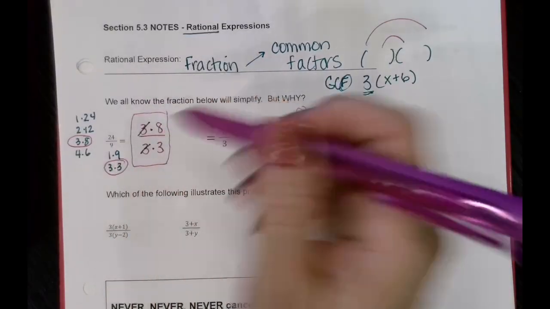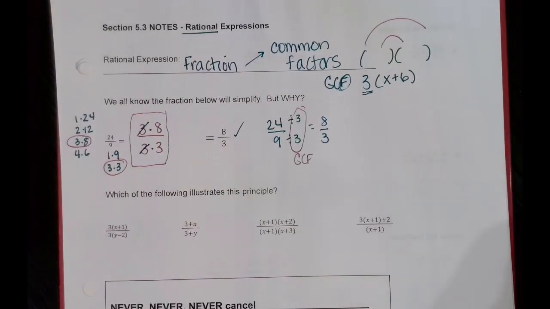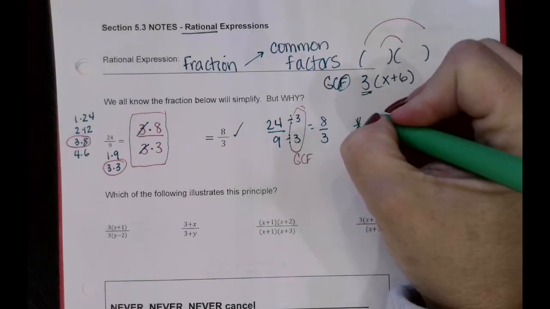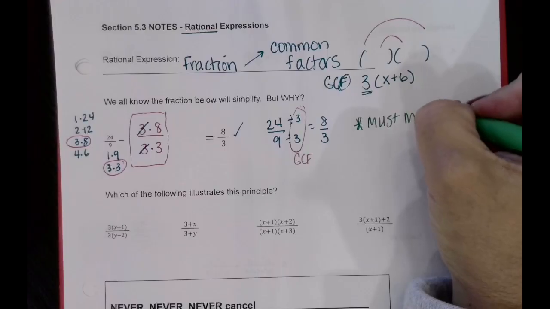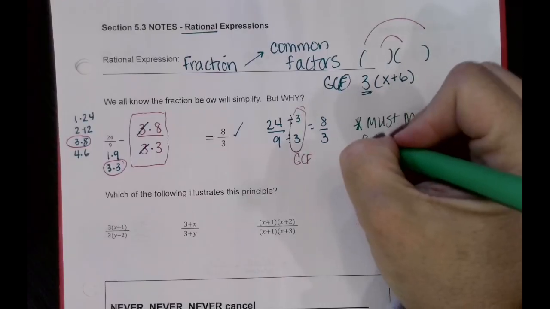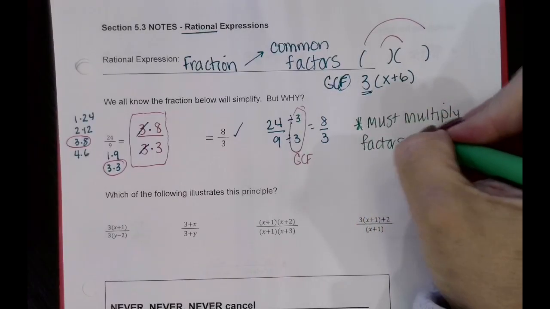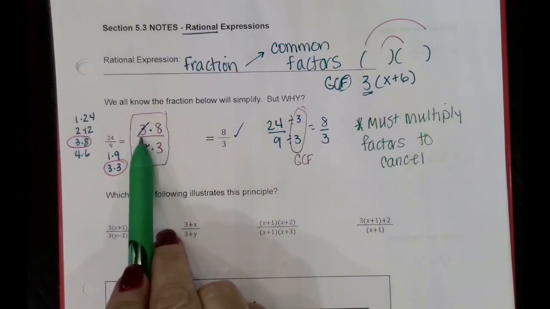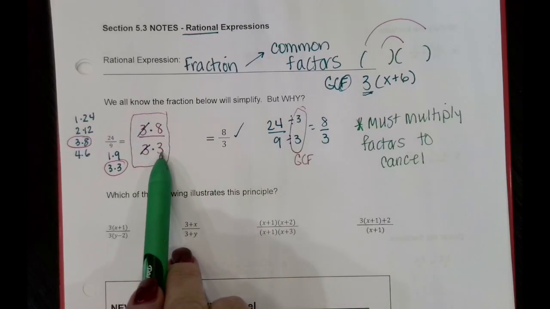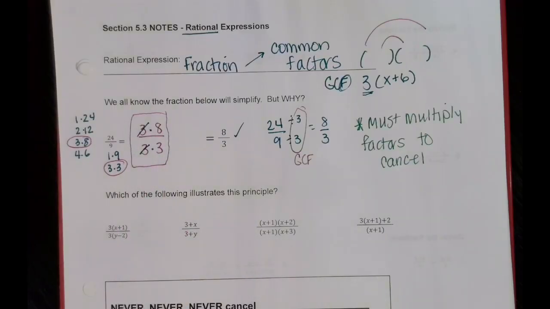I'm going to have 2 factors, and the key to this, and this is what's important, is you must multiply factors to cancel. Because I'm multiplying 3 times 8, and 3 times 3, these factors can cancel because I'm multiplying.